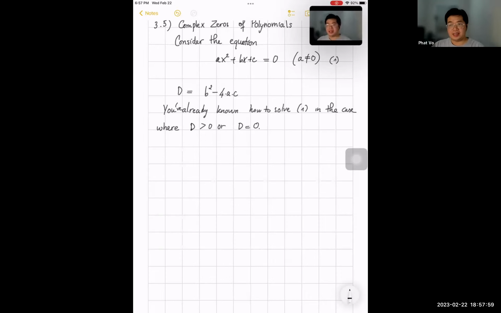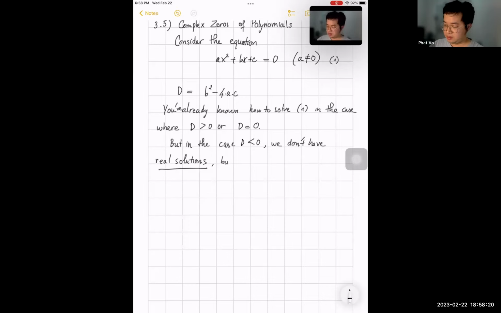But in the case D is less than 0, we don't have a real solution. But we have complex solutions.